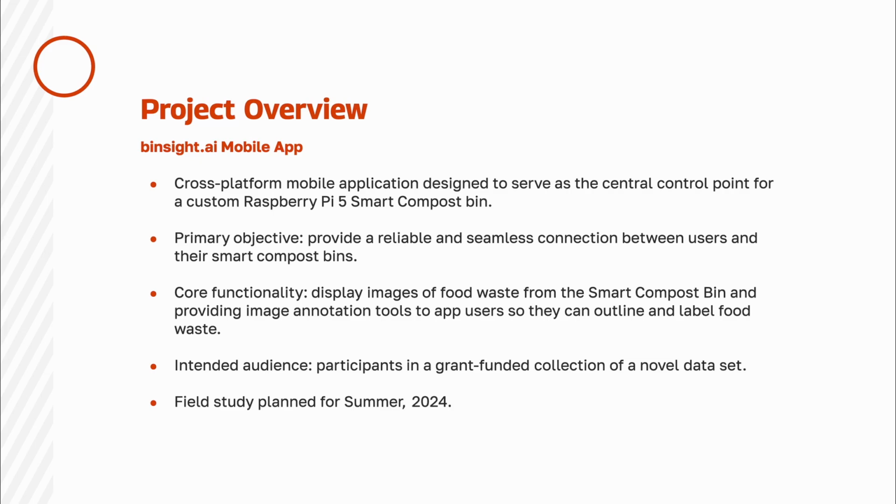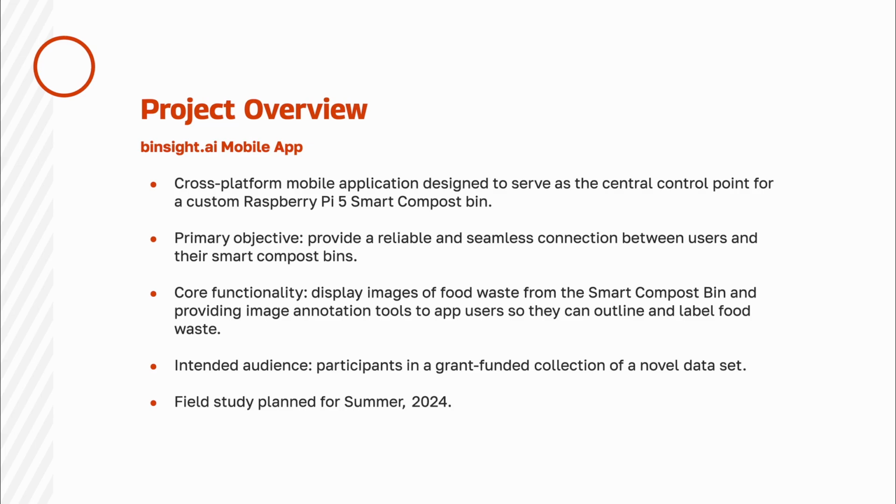To contribute valuable data to efforts in this field, the BinSight.ai team pioneers one approach that is aimed at expanding our understanding of food and organic waste at the household and consumer level. Our project supports a countertop smart compost bin equipped with sensors that capture images of food waste and many associated data points.